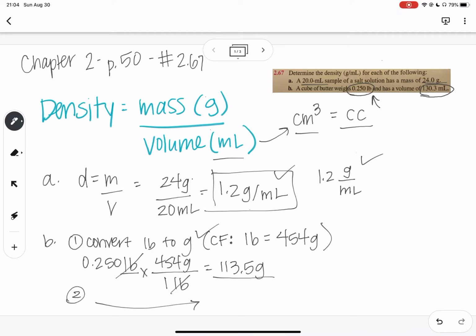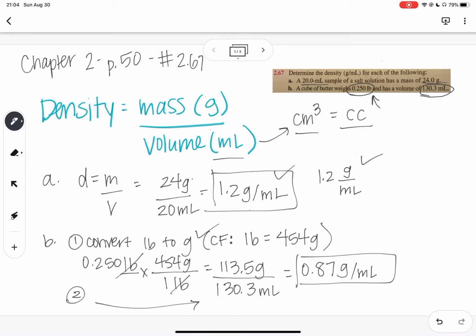Here's my mass. My volume is given to me in the problem, 130.3 milliliters. And if I type that into my calculator, I get 0.87 grams per milliliter. That is the density of my cube of butter.